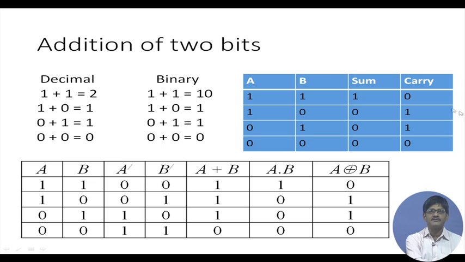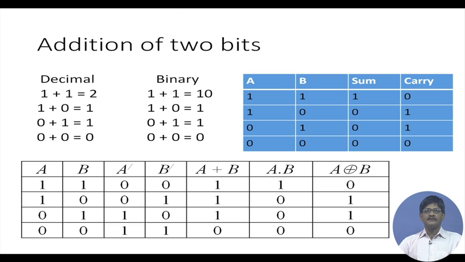Now, let us do some exercises through which we will become conversant with the working of the logic gates. For example, say we set ourselves this particular task, that we have to find a logic circuit which will be able to mathematically add 2 bits.